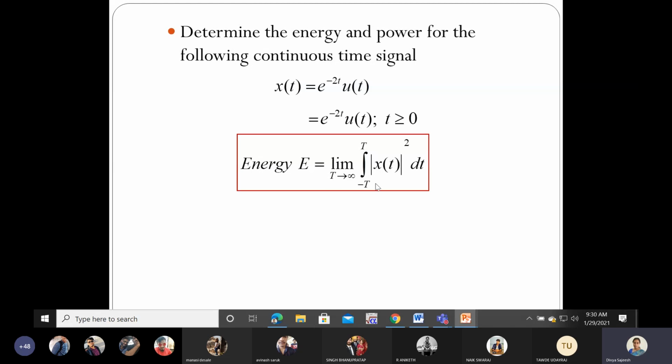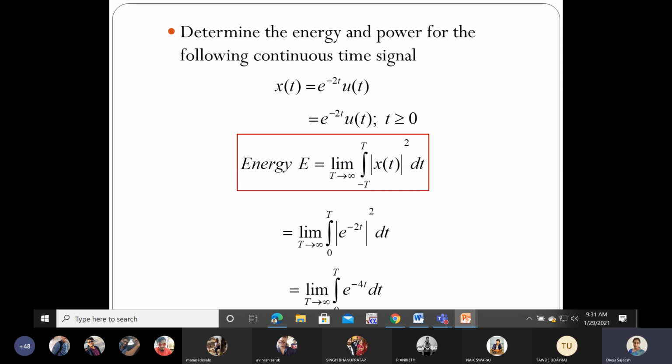If you apply the formula, then e raised to minus 2t, squared. Here also I can apply the limits as 0 to T, because I have multiplied the signal by a unit step signal, so it extends only on the positive side.